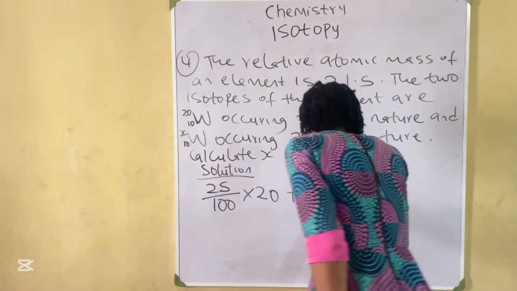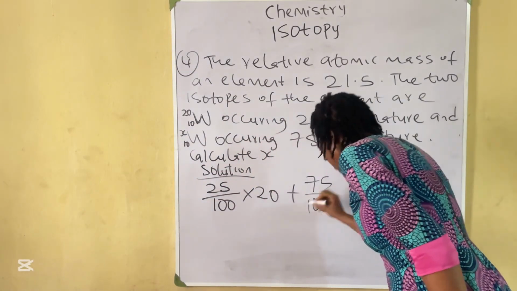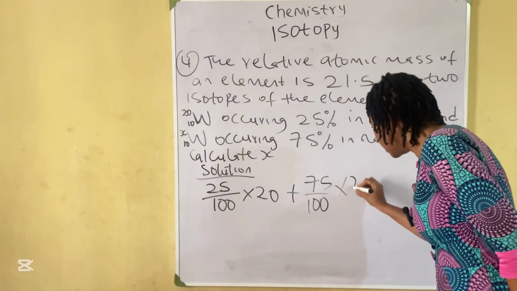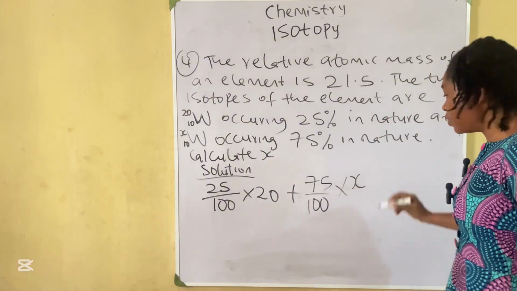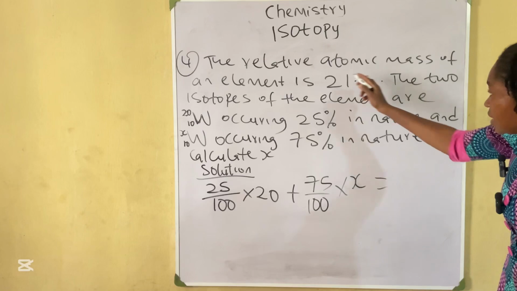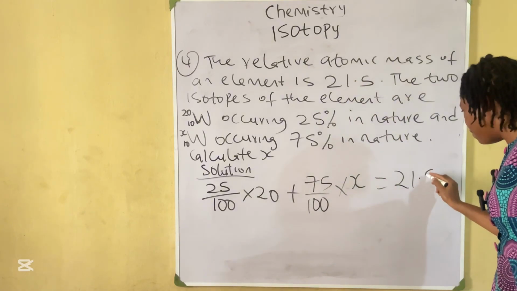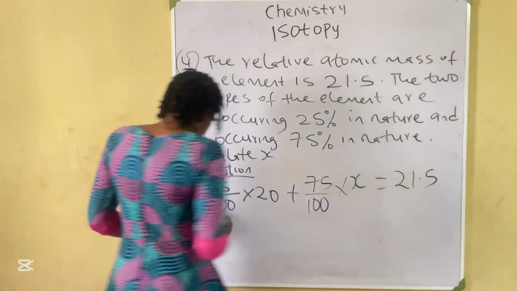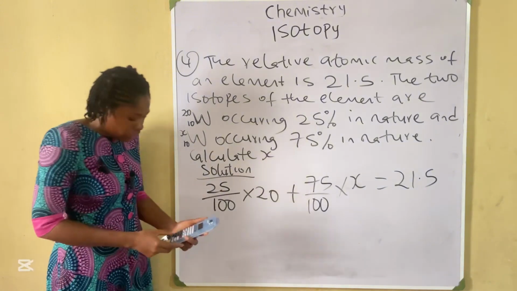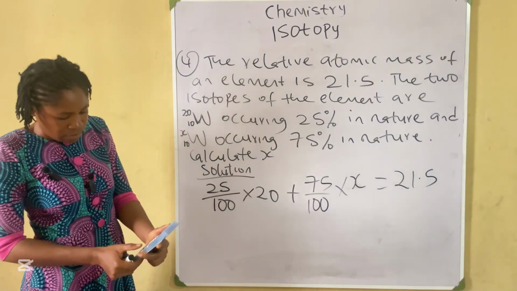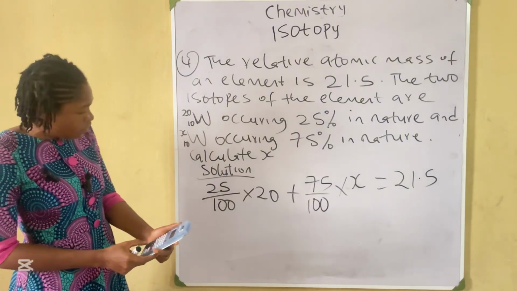So 75, we remove the percentage by dividing by 100, times the mass number, which is x. We don't know it, we're looking for it. So what's the relative atomic mass? 21.5. So 25 over 100 will give us what?